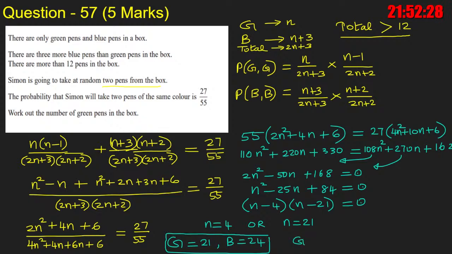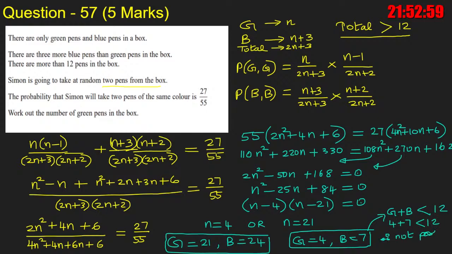Or if I put green can be 4 and blue can be 4 plus 3 is 7, in this condition, G plus B is less than 12. Because 4 plus 7 is less than 12, therefore not possible.